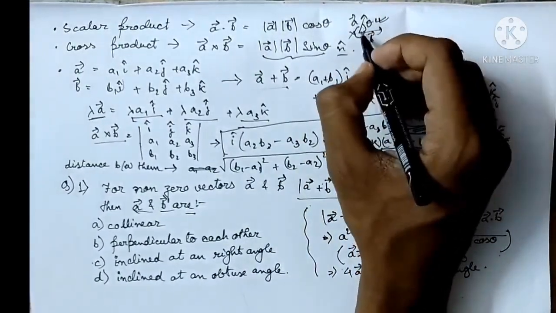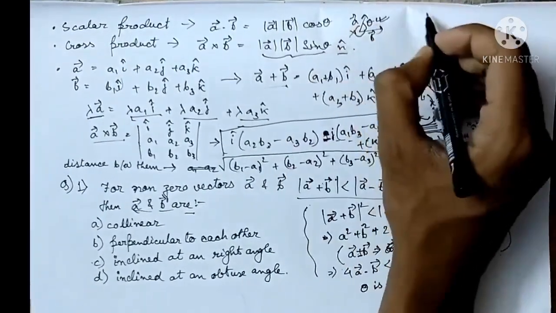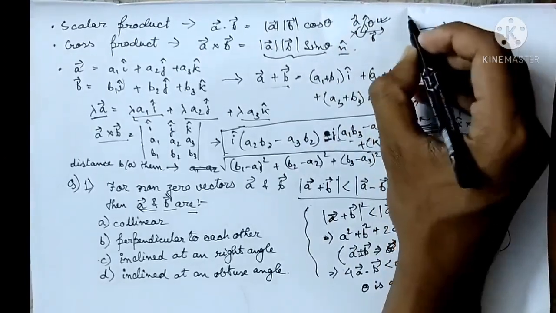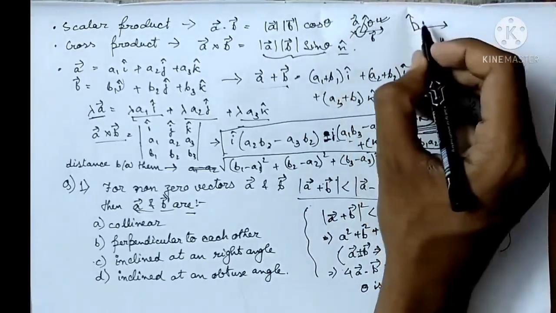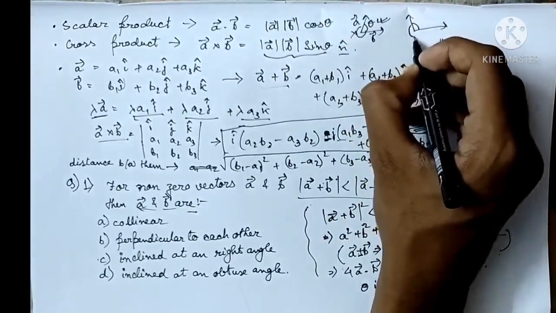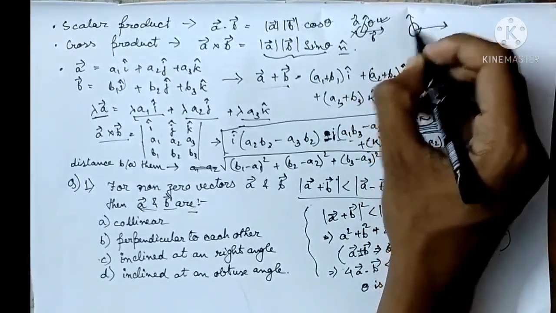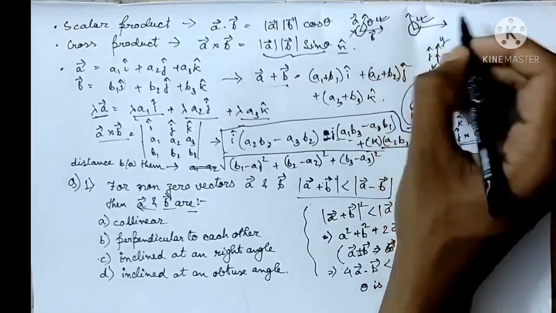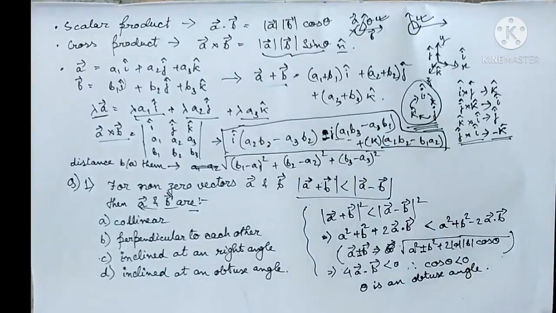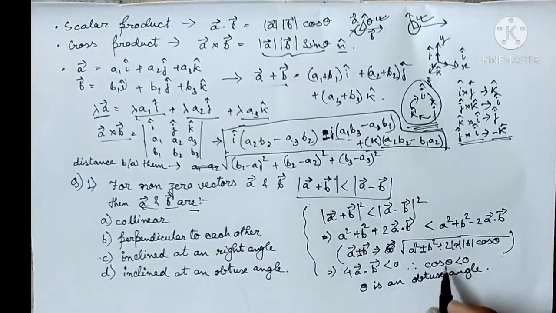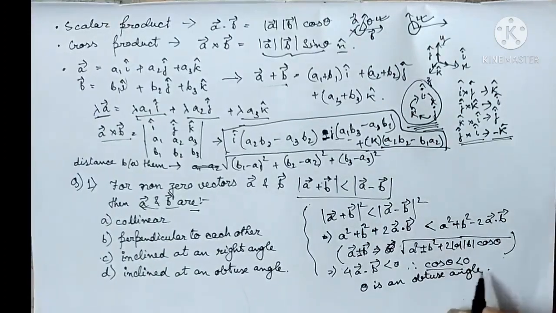We just have to take the smaller angle. It can be like this also. This is an obtuse angle. The acute angle is just less than 90, but it can be obtuse. But see, here also we get two angles, the bigger one and the smaller. We must take the smaller one. So theta is an obtuse angle here, as we get cos theta is less than 0.